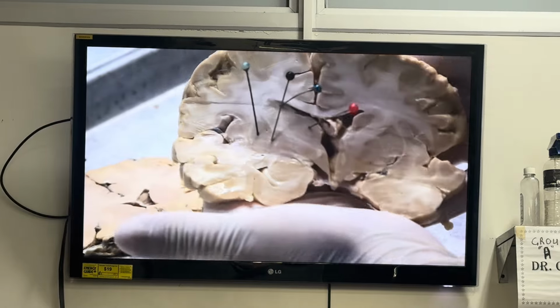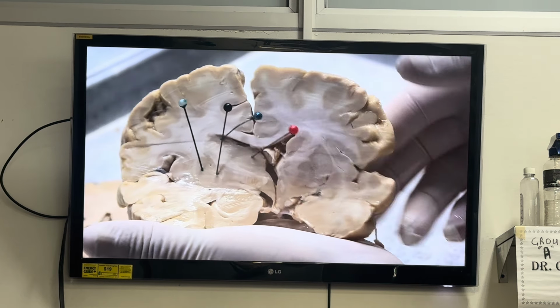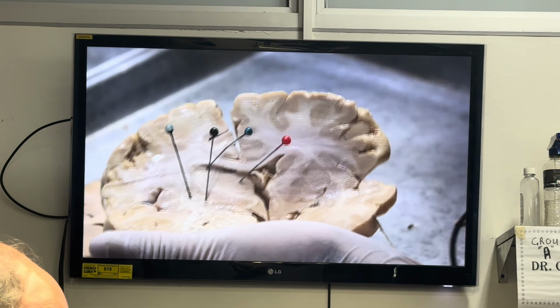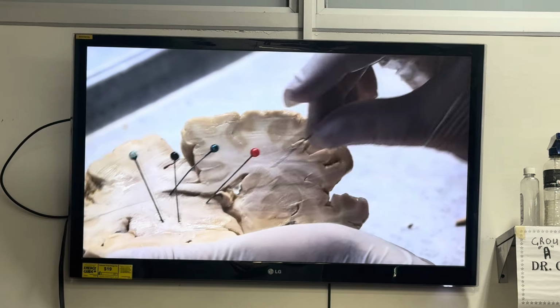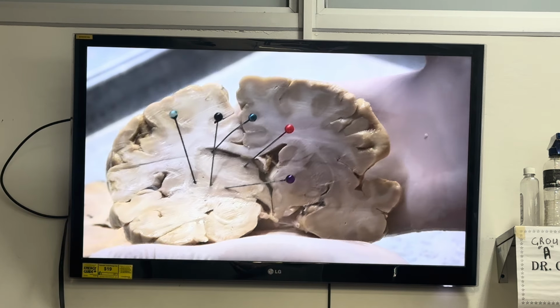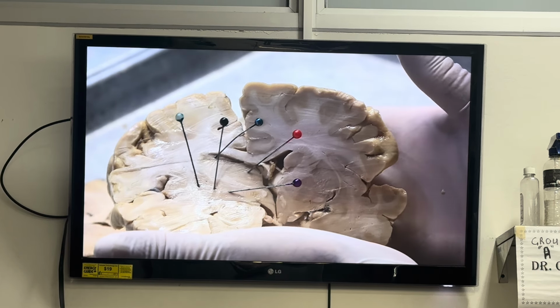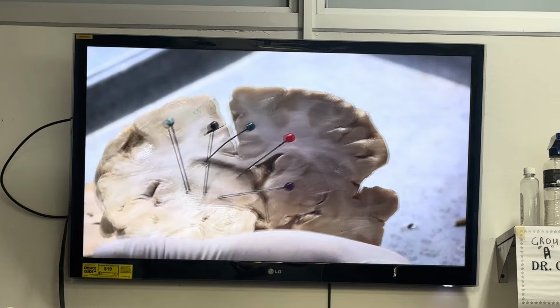In black, what will be this one? Which part? External part. And this one will be the internal part. So you can see the evolution more or less.